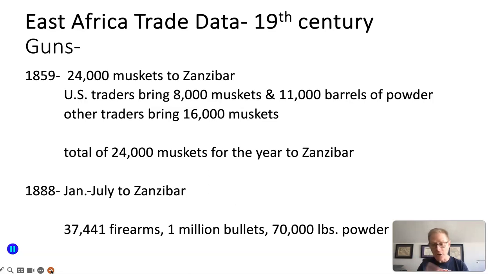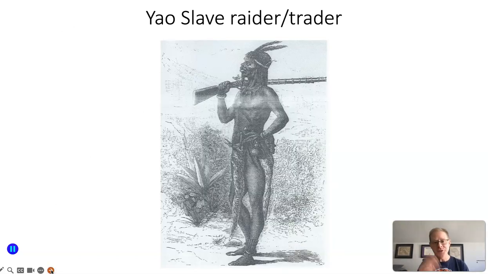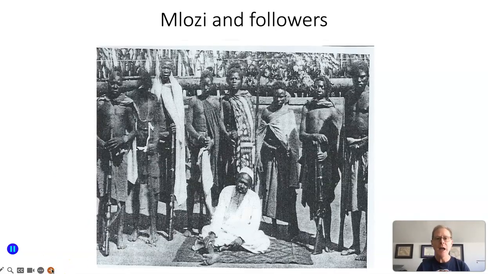And in the Sunseri article, he's going to talk about people protecting these copal diggings with guns. And this is a drawing of one of these people, a Yao slave raider or trader. This is from the East Central Africa region. And we have one of these militia leaders, Mlozi, and his followers. But look, each one of these young men standing behind him is holding a gun, okay?